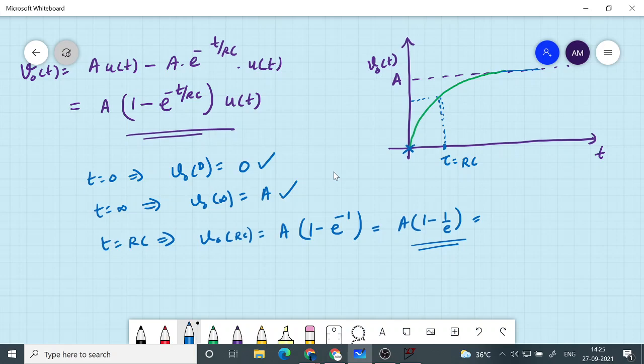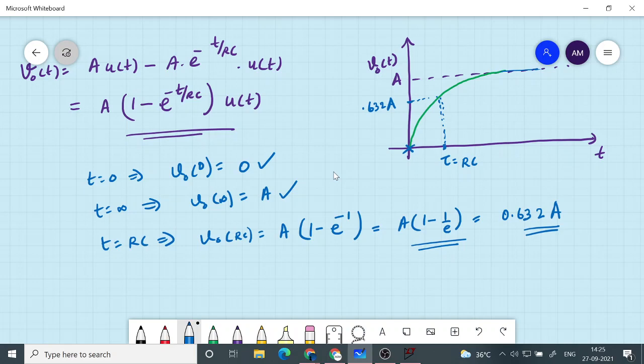So e raised to minus 1 is basically 0.36, and then subtract that from 1. So what you will get is basically 0.632 into A. So when you take the RC value, you should get 0.632 into A. This way you can verify your simulation result whether it is true.